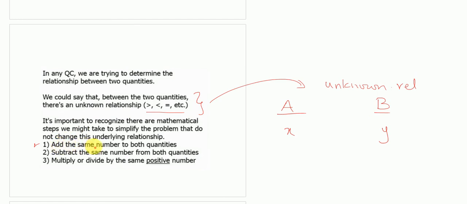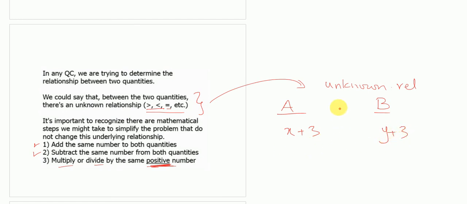So you can add the same number to both the quantities. You can subtract the same number from both quantities, just as you could do with an inequality or an equality. And you can multiply or divide, be very careful, by the same positive number. It's very important. So you can add or subtract positive and negative numbers. So I can add 3 onto both sides.